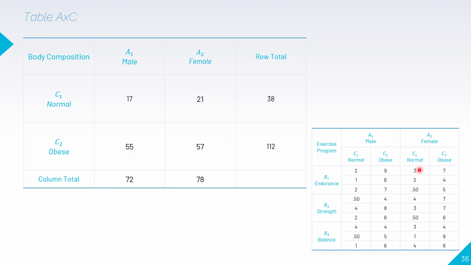Female and normal, add this column, and we have 21. Female and obese, we have this column, and we have this value. So let's just add this. 17 plus 55, we have 72. 21 plus 57, we have 78. This one, add, and that's our row total.